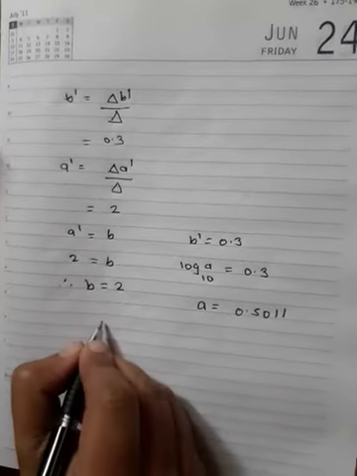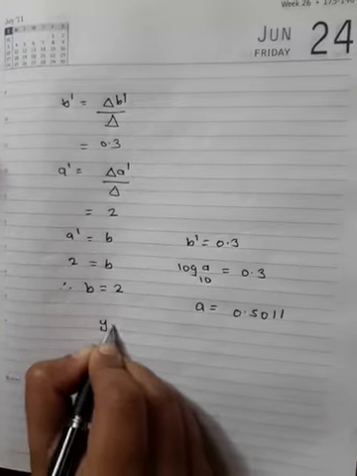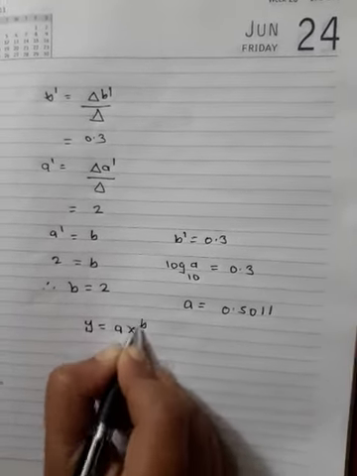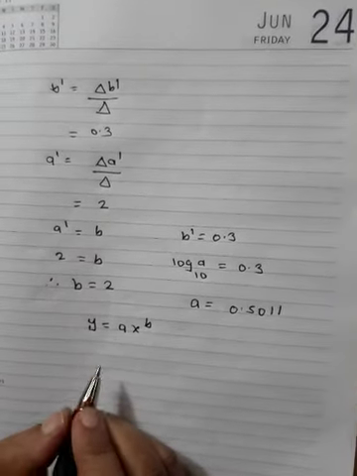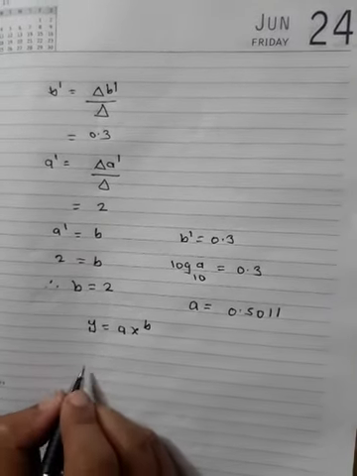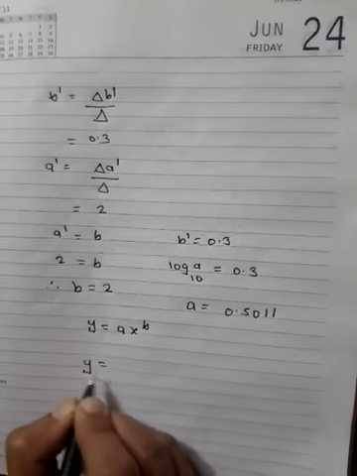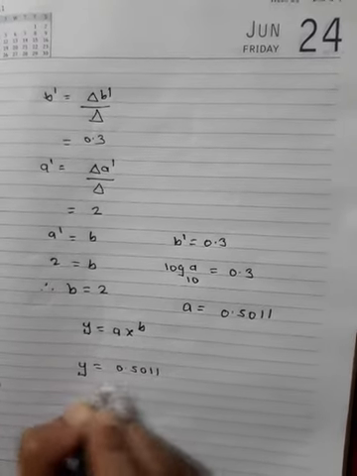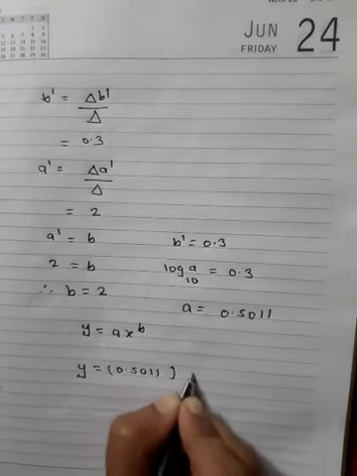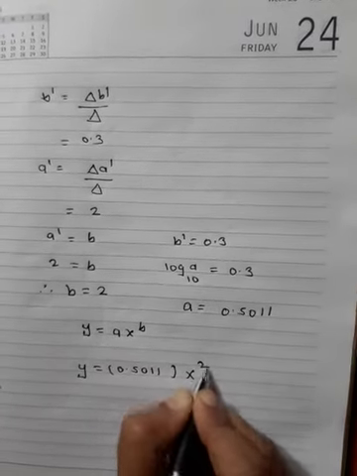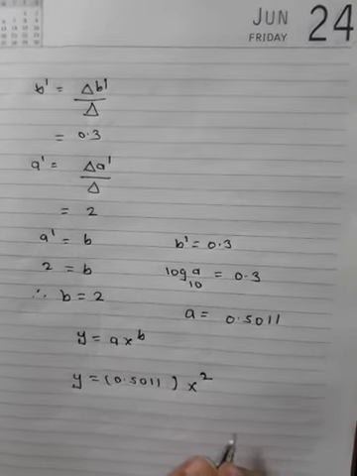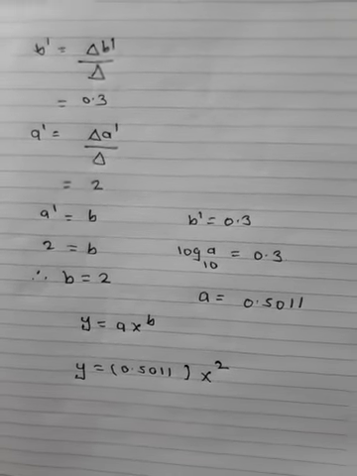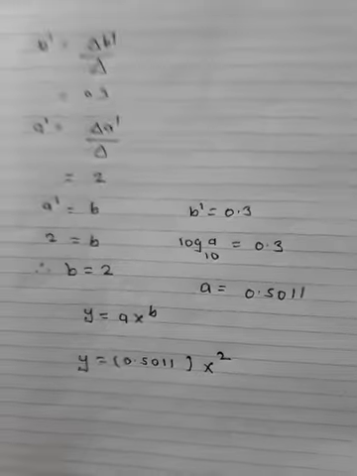You know the equation for the straight line is given as y is equal to a x raised to b. In this equation you have to enter the values of a and b. So y is equal to 0.5011 x raised to 2. This is our final answer. In this way we find the solution by using the power equation.